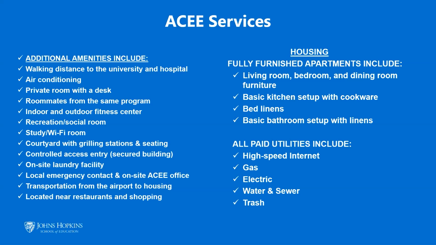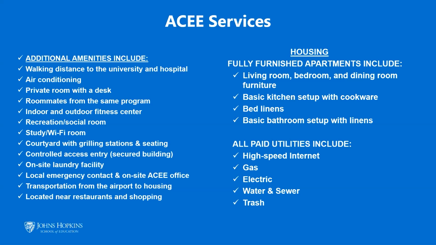So there are descriptions, and there is a lot of information about the housing that's available. And you can find that, excuse me, on our ITGL cohort site. You can see that when you rent an apartment through ACE, it's close to the university. It has amenities that are listed here.